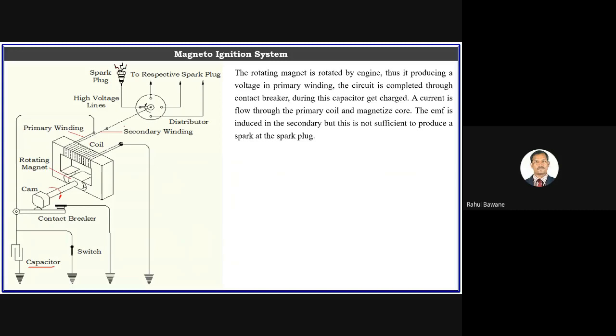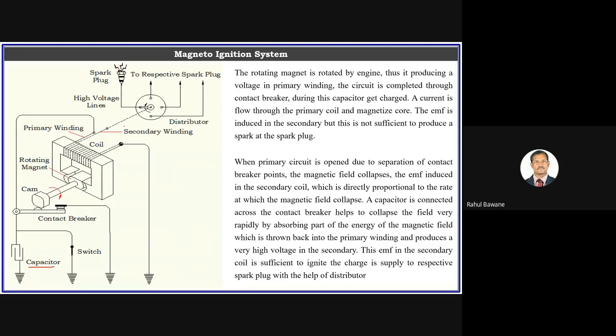So the remaining working is as we saw in the battery ignition system, but here the difference is that we are completely replacing our battery with the help of this magneto system.